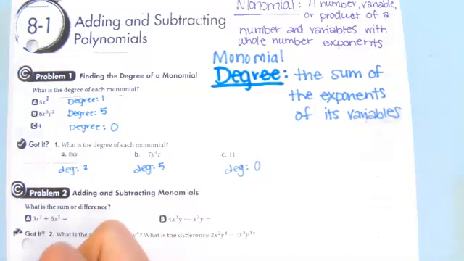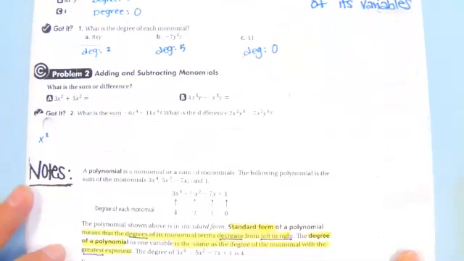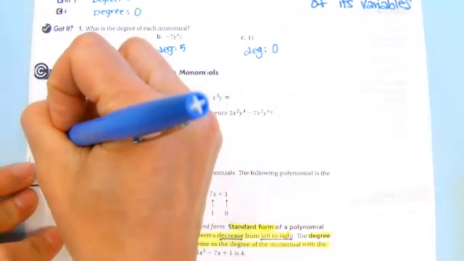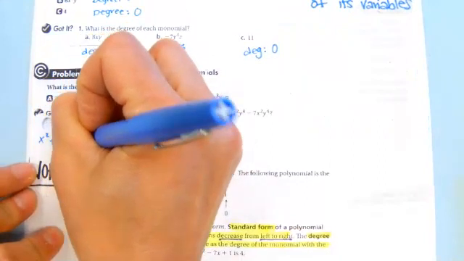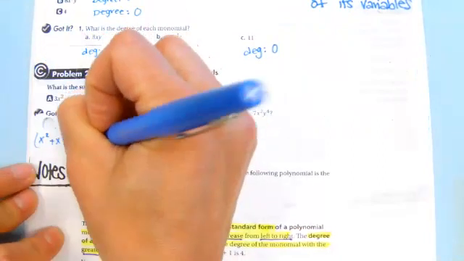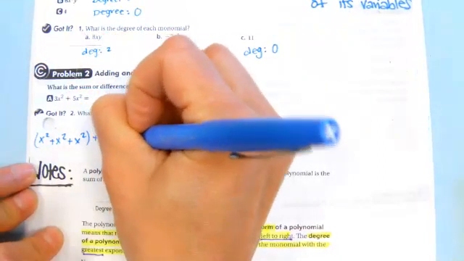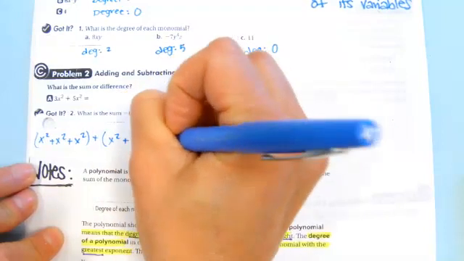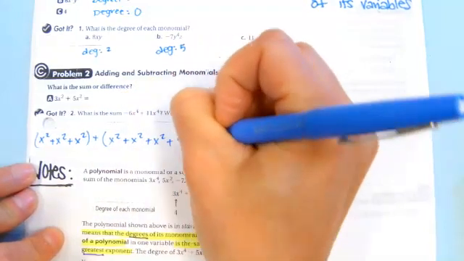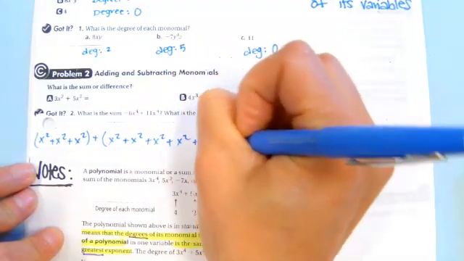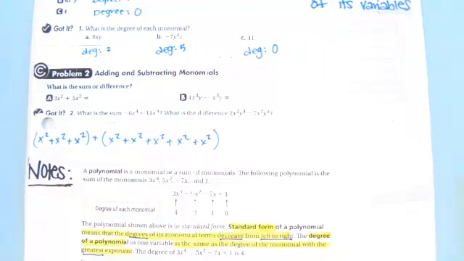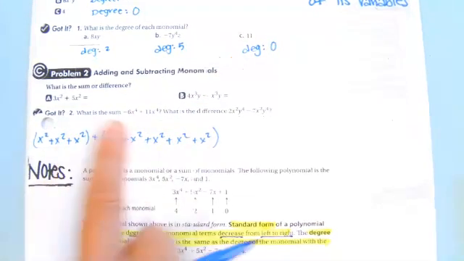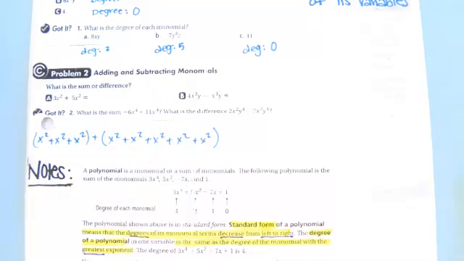What that really means is you've got 3 x squareds in one section, and then you're adding it to 5 x squareds. 3 x squareds plus 5 x squareds gives you how many x squareds? 8.